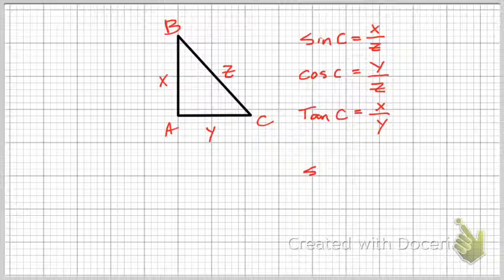Now what's cool about that is those ratios, for whatever angle you put in for C, the ratio x over z is actually a known thing. They actually have it calculated for every single angle you could come up with for C. So it could be 10 degrees, 5 degrees, 1 degree, 1.3 degrees, all those, we know the ratio. If it's sine of 1.3 degrees, we know what x over z should be.